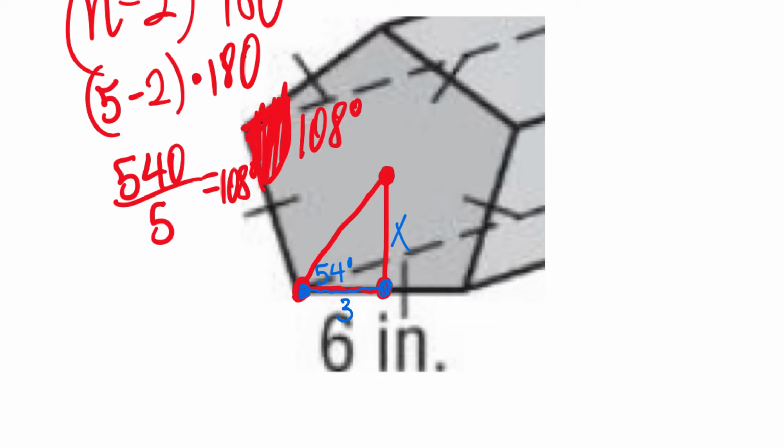So now what I'm going to do is I'm going to use, what do you think we're going to use here? 360. Okay, that's definitely a good thought, but that's not what I'm going to use here. Okay, so I'm going to be using some trig here, okay?